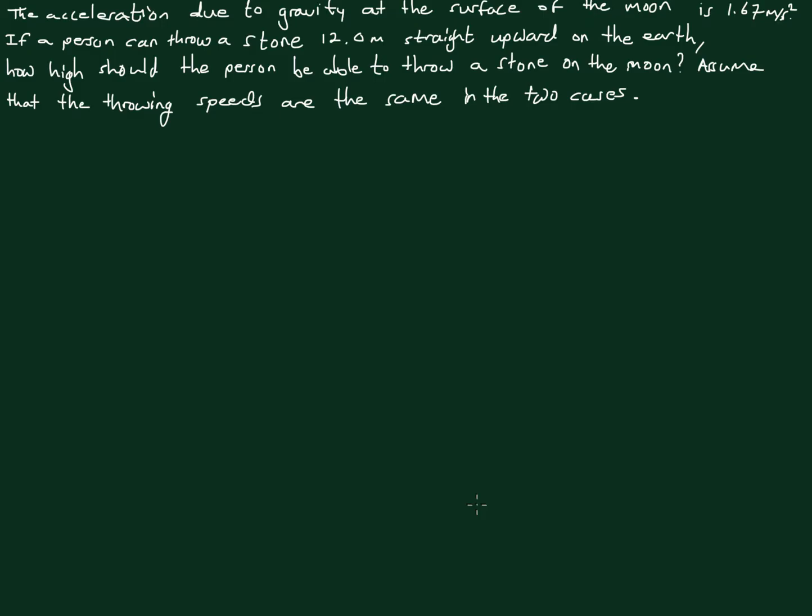Okay, so what we're going to be doing is trying to find the maximum height that the stone can travel on the moon, and this actually means we have to consider two formulas here. The first one is the constant acceleration formula for distance, and the other one is the final velocity formula. Let me write that down.